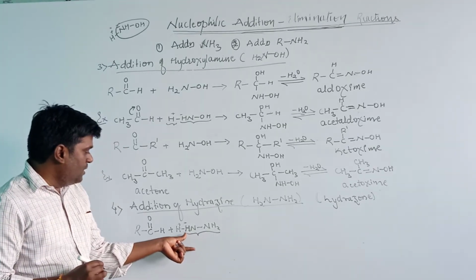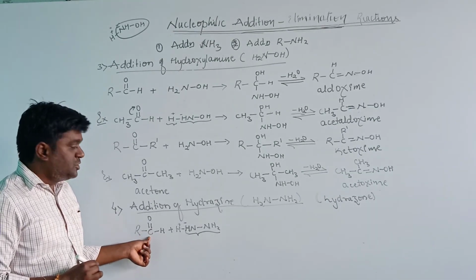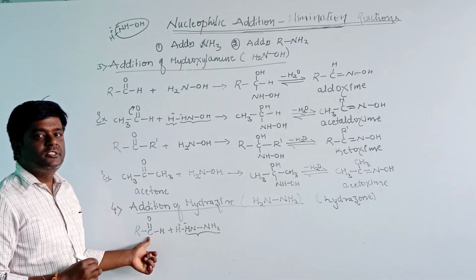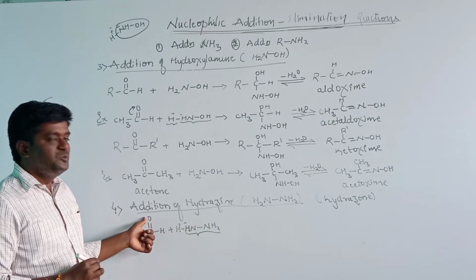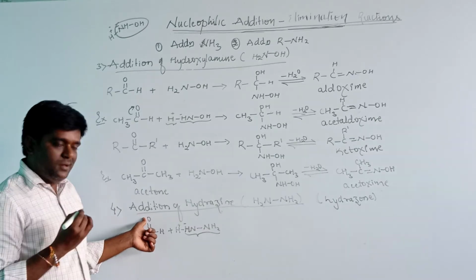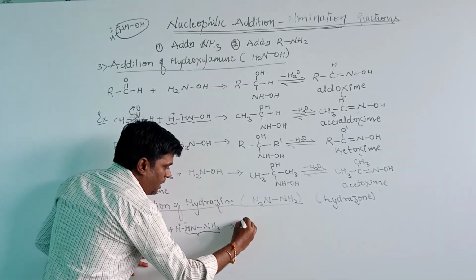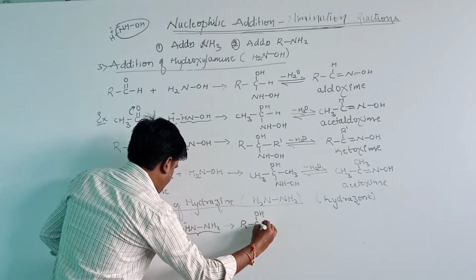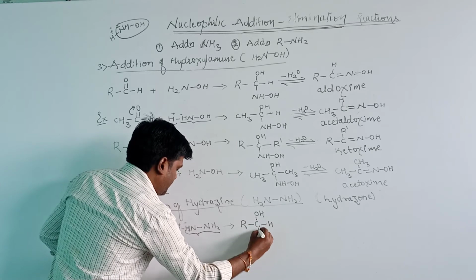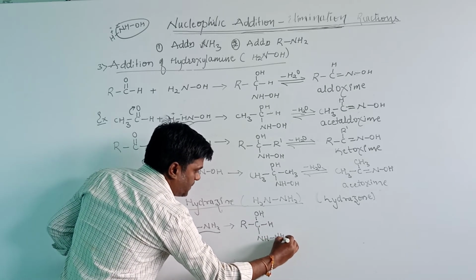This nucleophile will be added to the aldehyde where the positive charge is present, that is the positive charge is present on the carbon atom, and the hydrogen will be added to the oxygen due to the presence of a negative charge. It will give the addition product R C(OH) H and NH NH2.